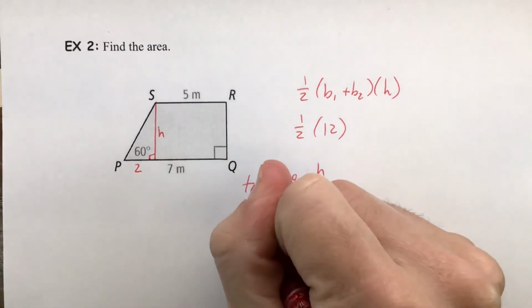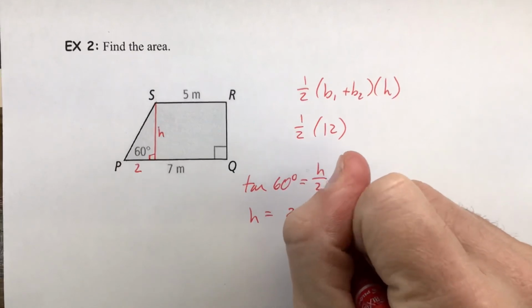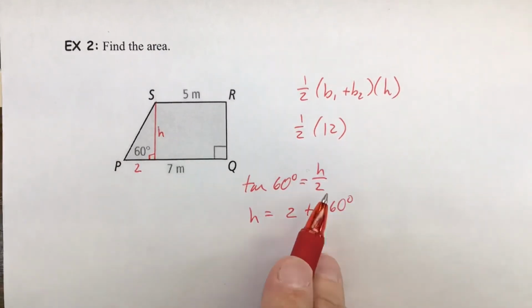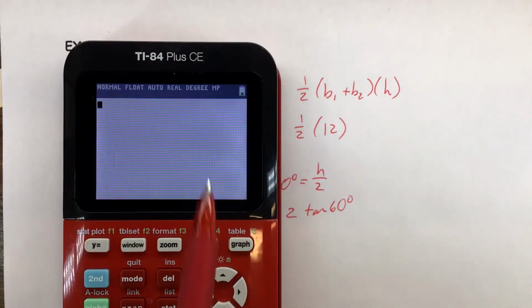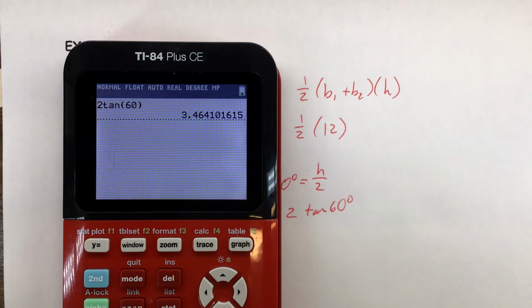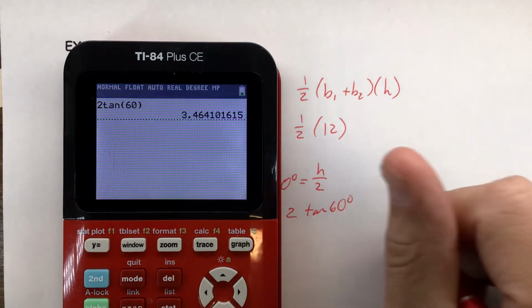In other words, H is going to be equal to 2 times tangent 60. You just multiply the 2 across. All right, so now we'll go to the calculator for that. Make sure that we're set for degrees, which we are. Type in 2, tangent 60, and we get 3.46.